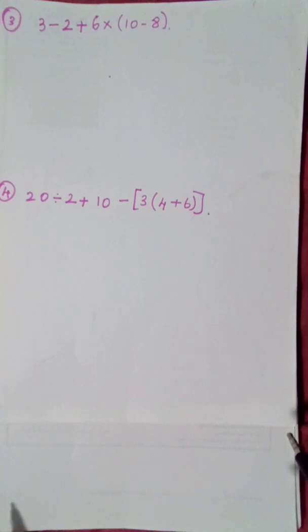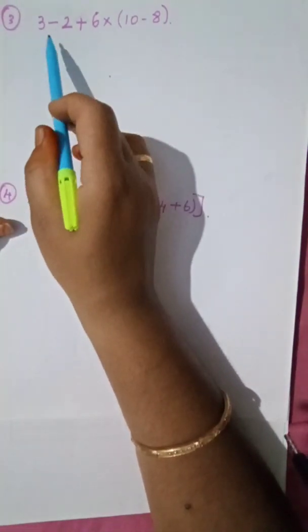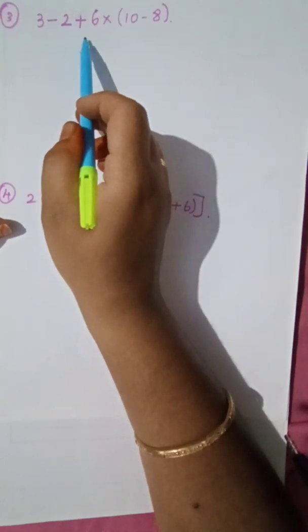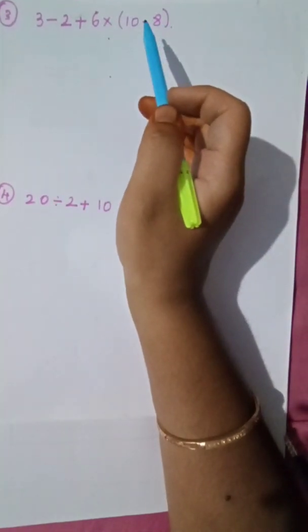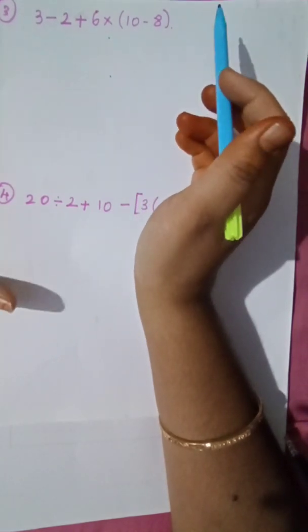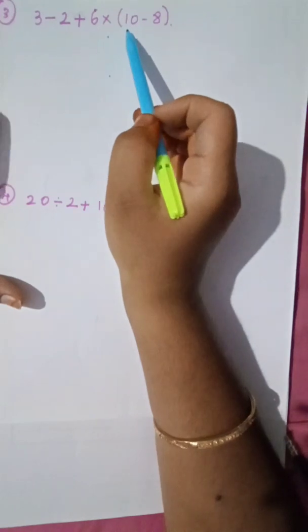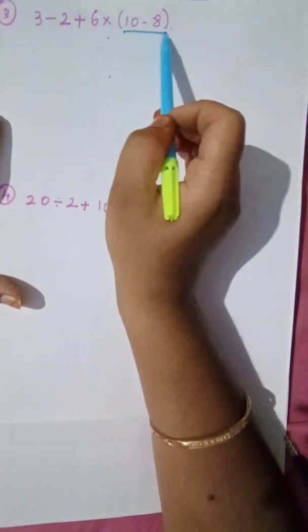Now the third question they have given here is 3 minus 2 plus 6 into 10 minus 8. Here the first thing in the BIDMAS rule is bracket. So what bracket have they given here? 10 minus 8. So 10 minus 8 is the first thing we are going to see.